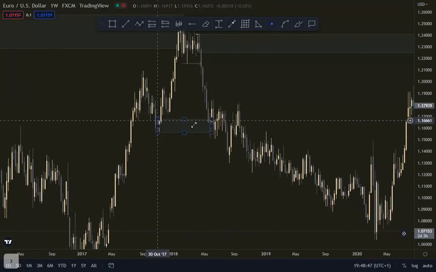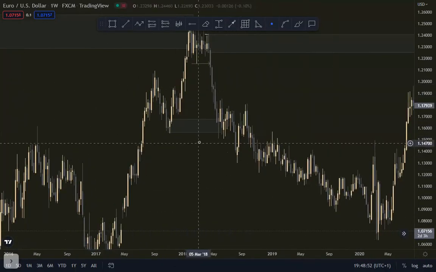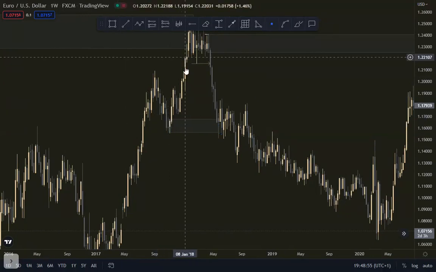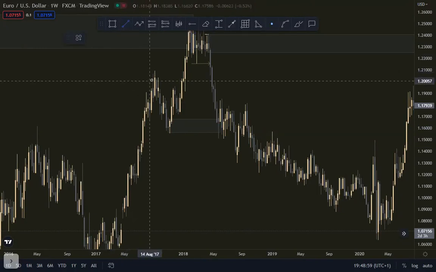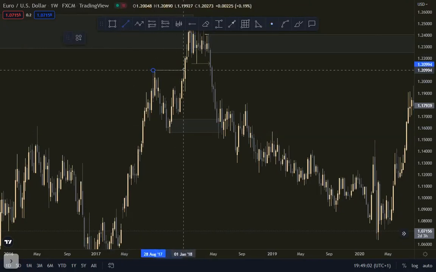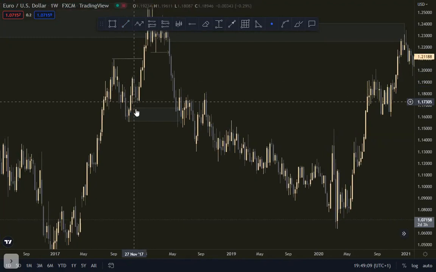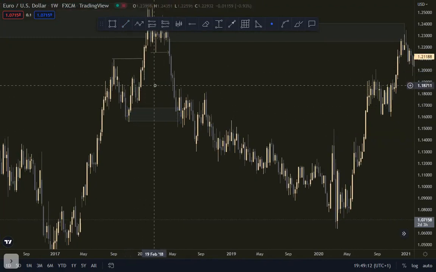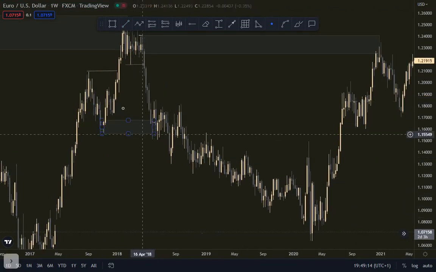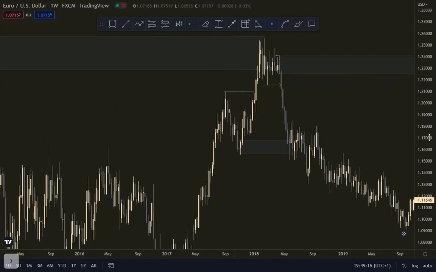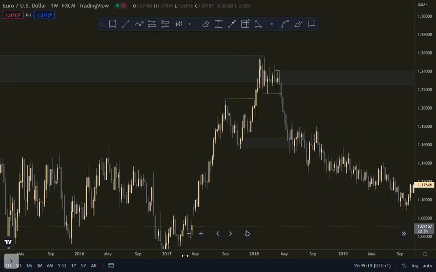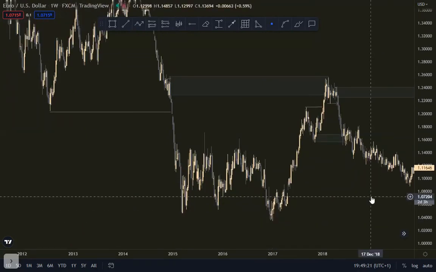Price got to this zone, reacted, but then dropped because, as you can see, the move wasn't impulsive, and that impulsive movement didn't break this market structure. So no break of structure. This move didn't break structure. It wasn't kind of impulsive. So yeah, I'm not going to classify that as a valid OB.